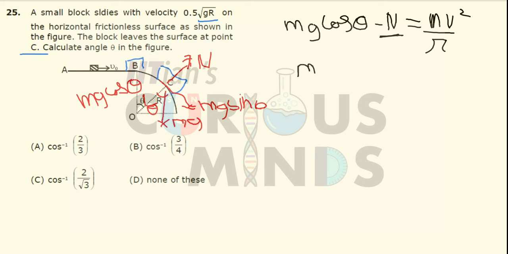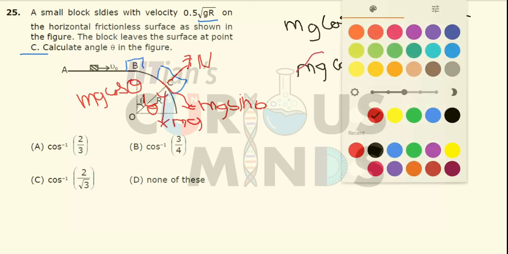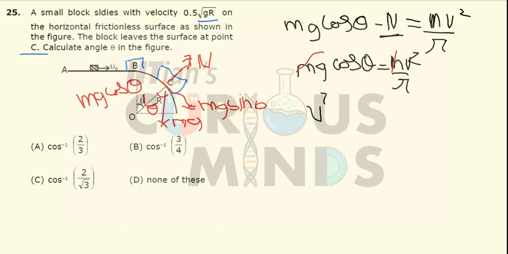So mg cos theta will be equal to mv square divided by r. So m and m will get cancelled out. V square will be equal to rg cos theta. Let this be the first equation, and let this part be as it is.